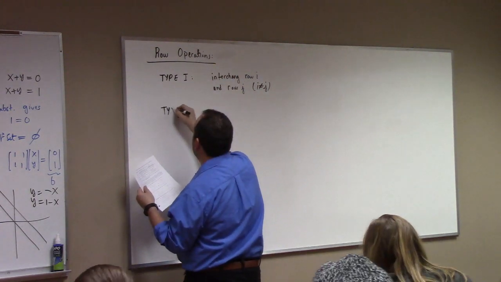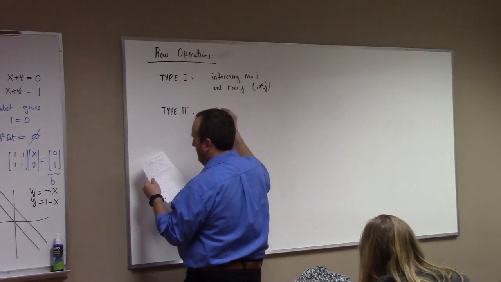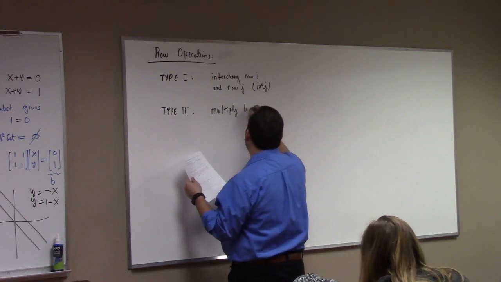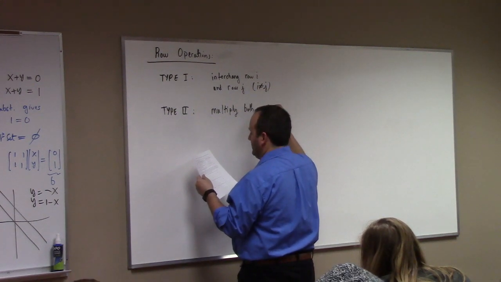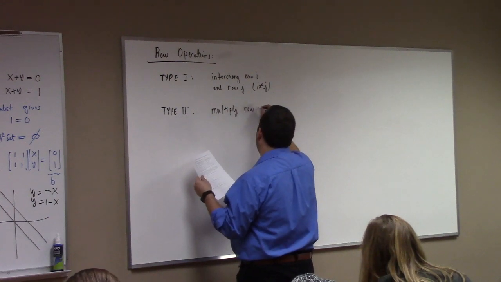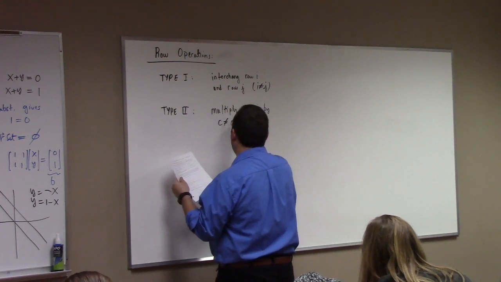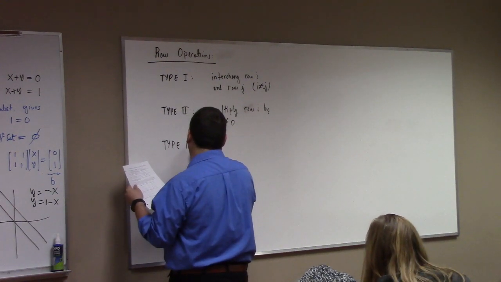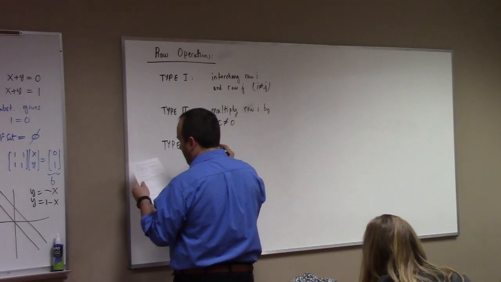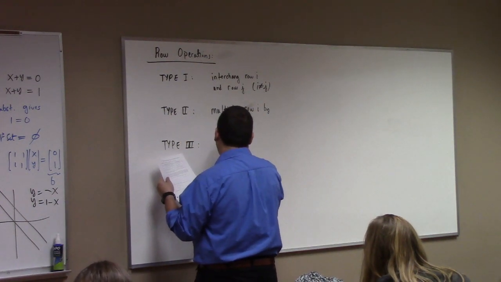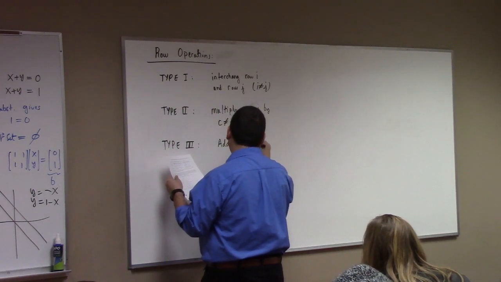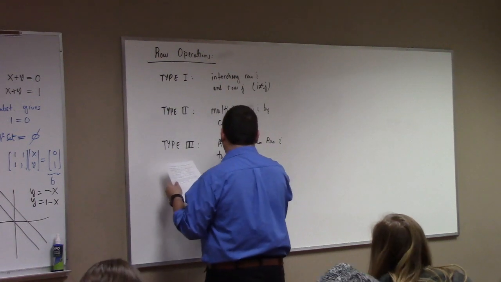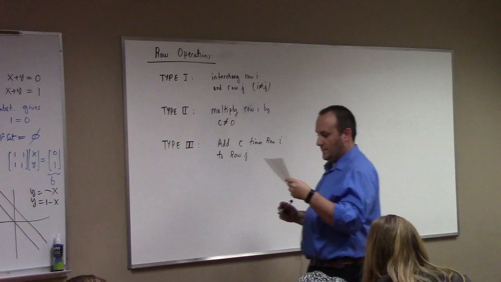Type 2, we can multiply both sides, multiply row i by c not equal to 0. Type 3, we can add c times row i to row j, where c is any scalar.